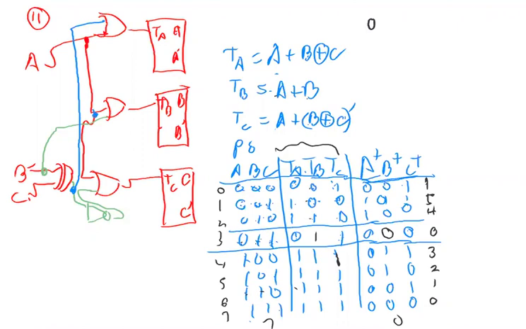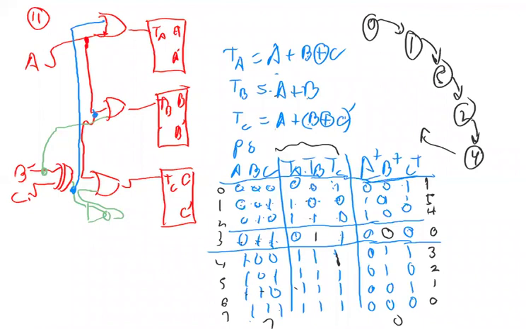So it's 0 goes to 1, 1 goes to 5, 5 goes to 2, 2 goes to 4, 4 goes to 3, 3 goes to 0, 7 goes to 0, and 6 goes to 1.